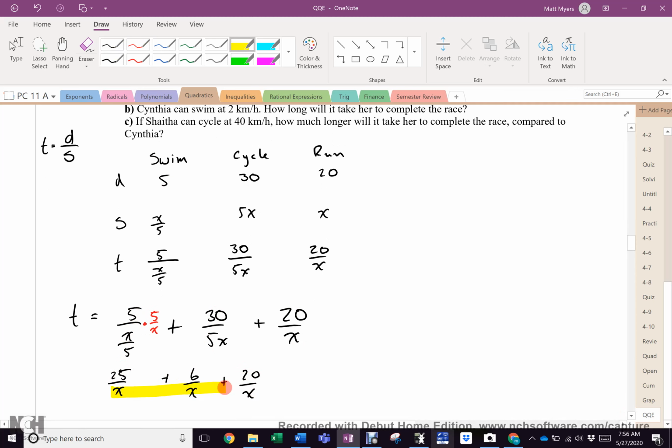They all have a common denominator. So the time to do the whole race is 51 over x.